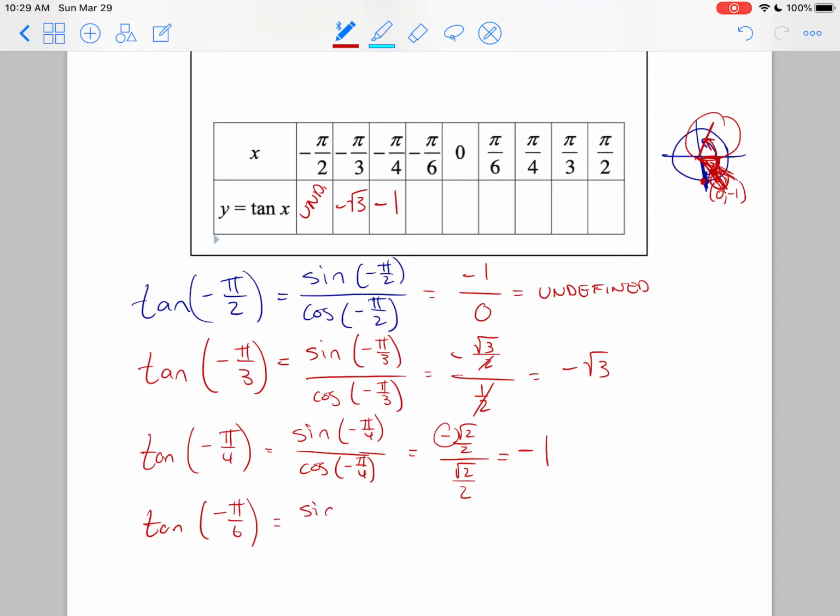So that's sine of negative pi over 6 over cosine of negative pi over 6. And I am farther to the right than I am down here, and so sine is going to be negative 1/2. Cosine is going to be positive root 3 over 2. The 2's cancel again here, but that leaves me with negative 1 over root 3, which I want to rationalize this denominator. So I'm going to multiply by root 3 over root 3, and we get negative root 3 over 3.